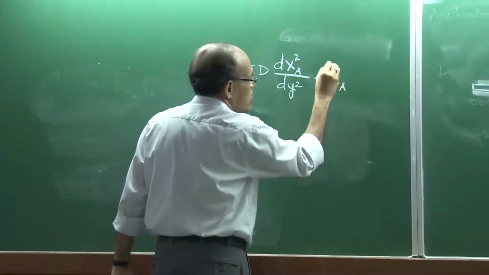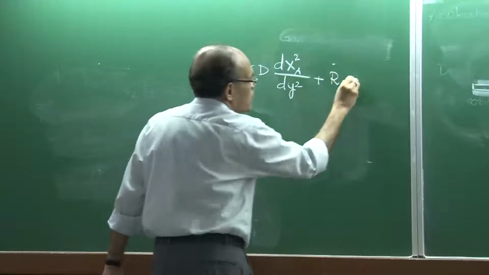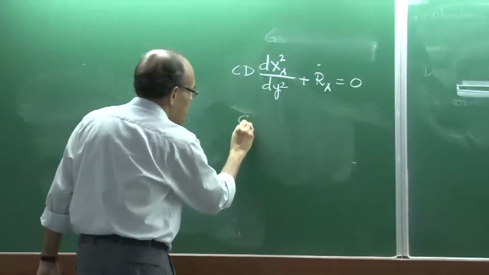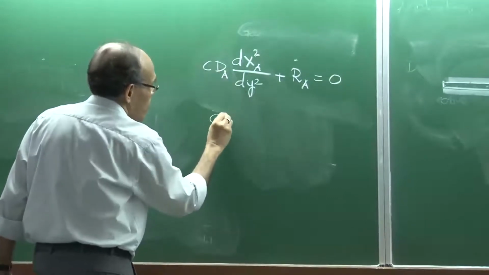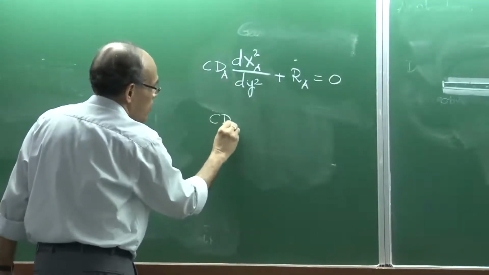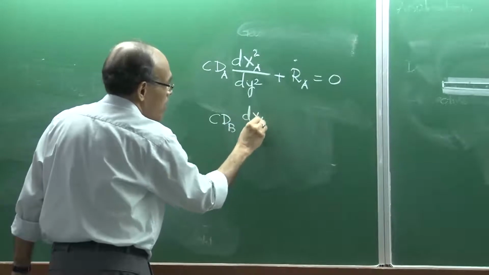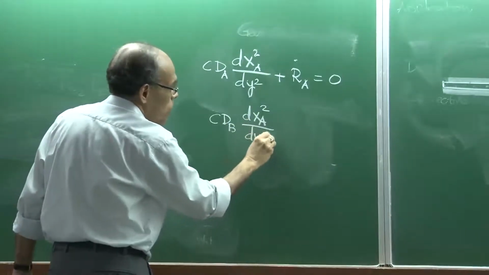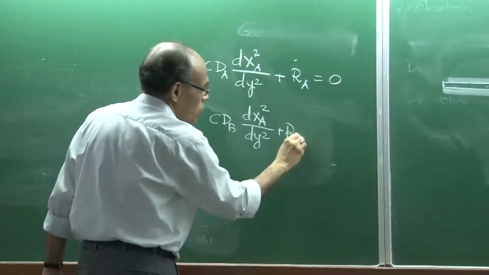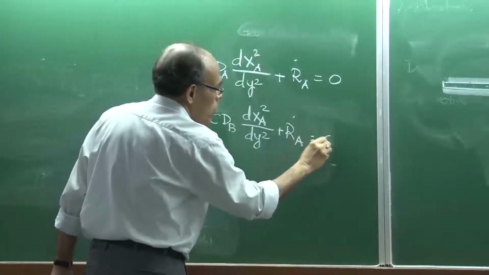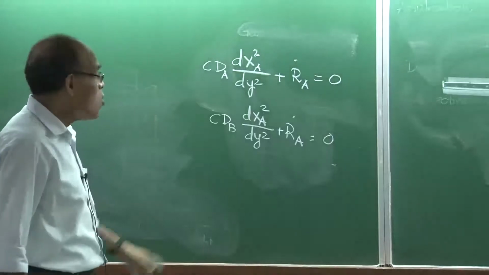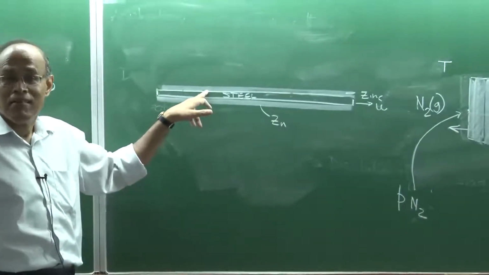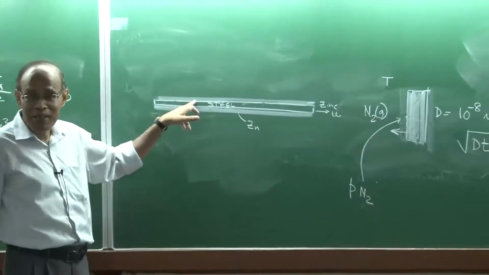Steady state process. That is the characteristic. If you take a two component system, so this is A and this is B. In the medium where diffusion is taking place, chemical reactions could also be simultaneously taking place.